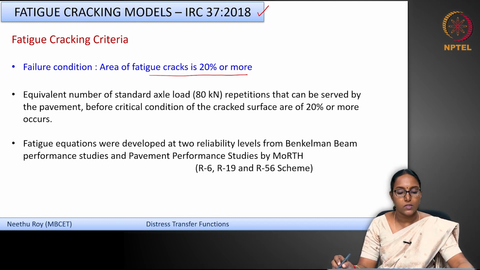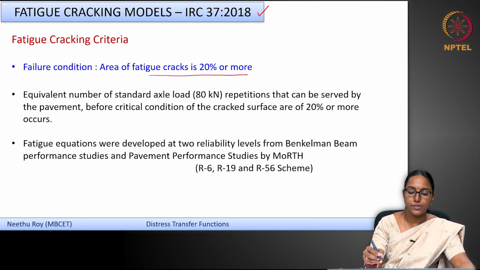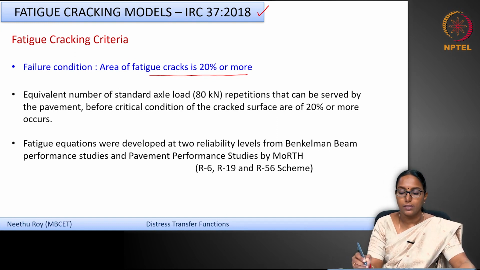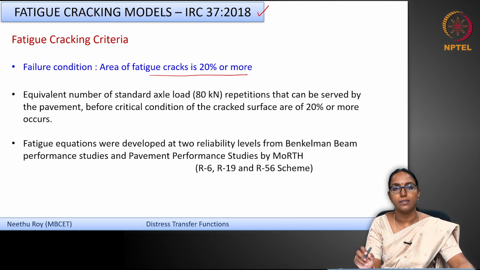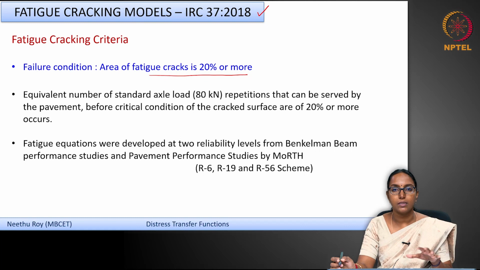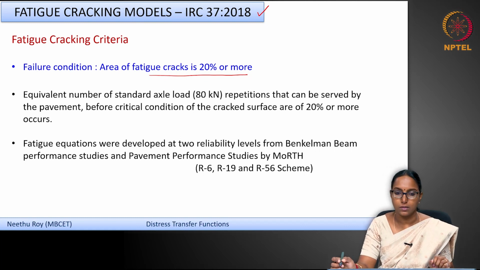Now, the distress transfer function essentially gives you the equivalent number of standard axle load repetitions that can be served on the pavement before the critical condition of the surface being cracked by 20% or more occurs. So, the number of repetitions to failure is what is given as the distress transfer function.